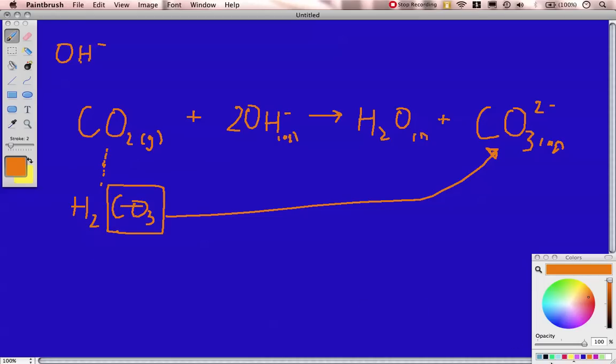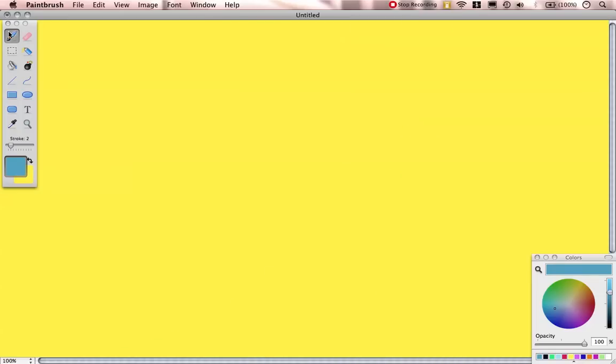I can show you another example of that, which would be sulfur trioxide and hydroxide will give you water and what ions?